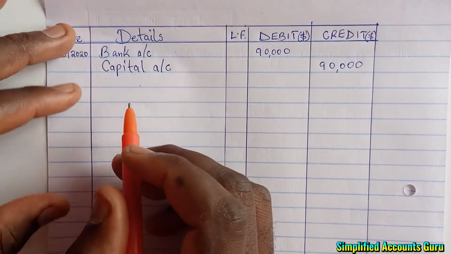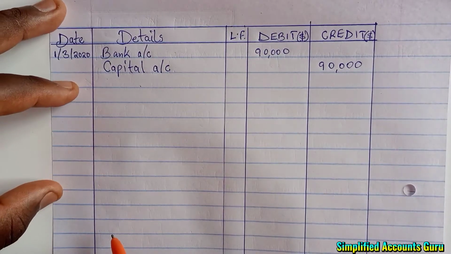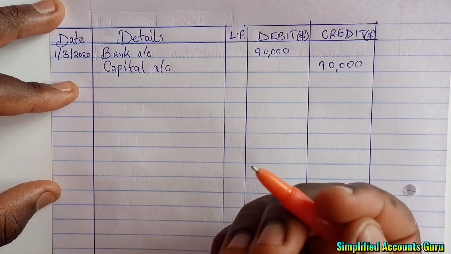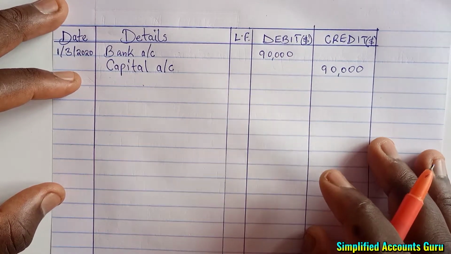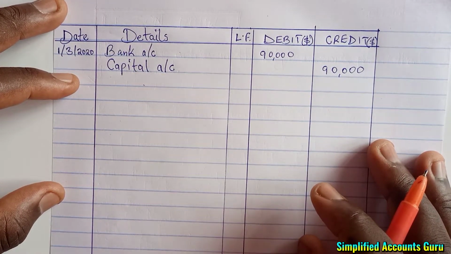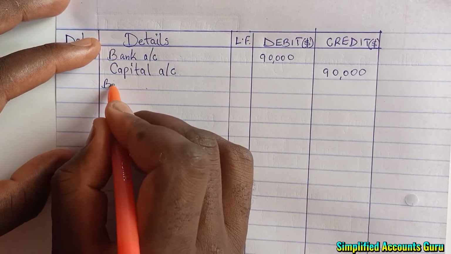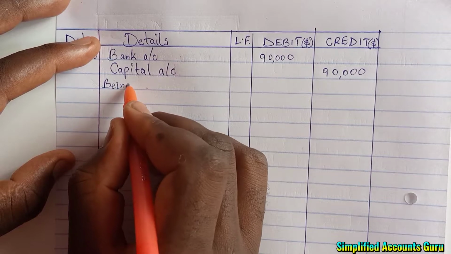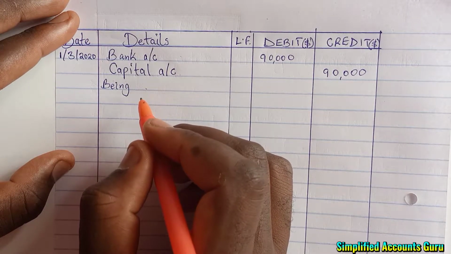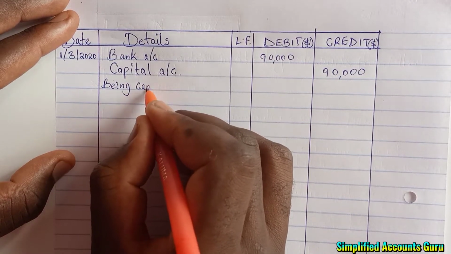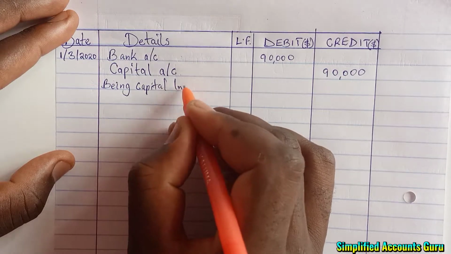Someone would want to understand what has taken place here, what is happening between bank and capital. So you have to put some summary or a summarized description for the same. You can do your own, but let us just have an example here. Just say, being capital introduced into the business.